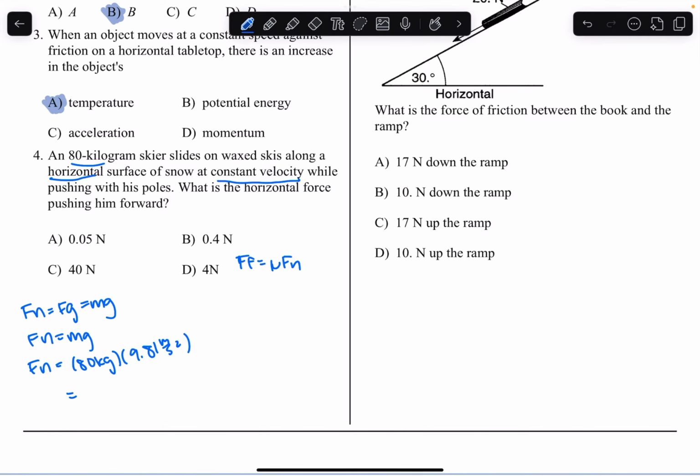And that's going to give us 784.8 newtons. Now we just plug in. So force of friction equals, if we look on the reference table, it tells us that the coefficient of friction for wax skis on snow is 0.05 times 784.8 newtons, and we're going to get 40 newtons, which is choice C.